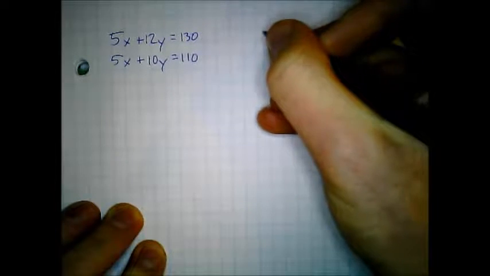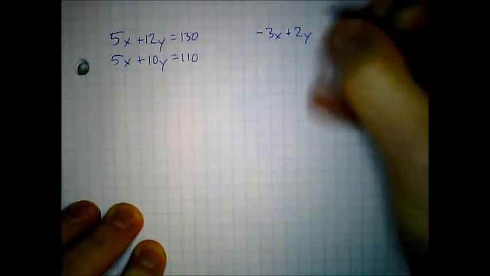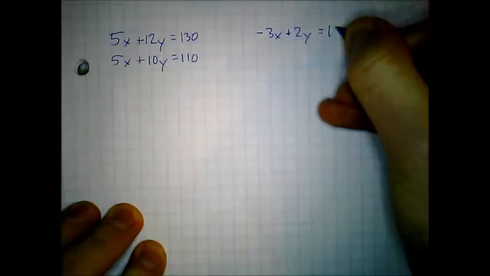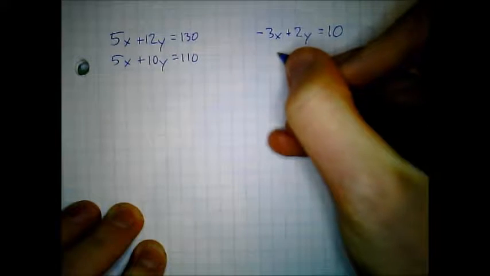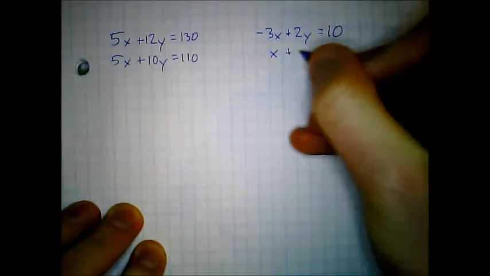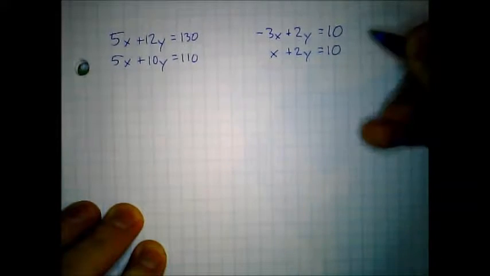And negative 3x plus 2y equals 10, and x plus 2y equals 10.